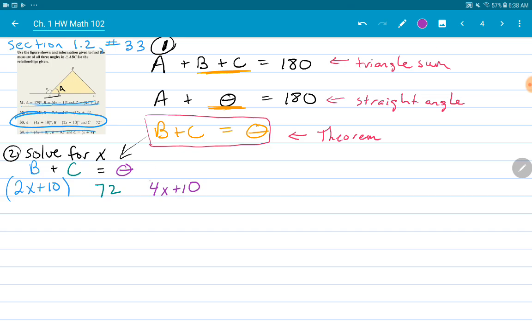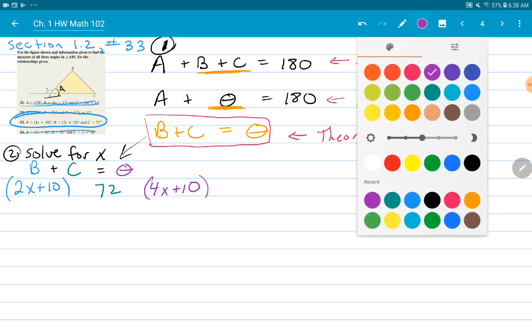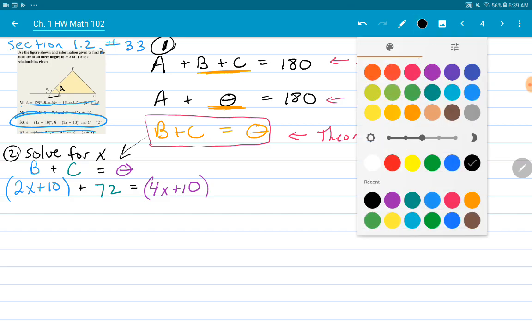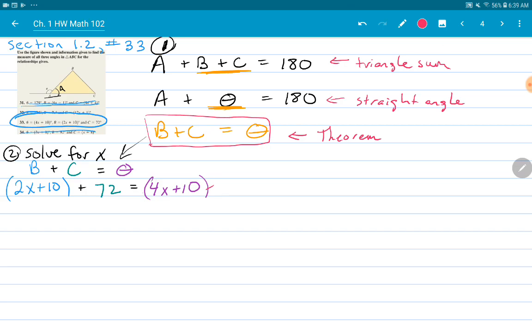I guess I'll keep my parentheses around that. So when I add B and C together, I get theta. Now look at these parentheses. On the right side, there's nothing else going on except what's inside the parentheses. So those parentheses really aren't necessary. So I'm going to go ahead and just drop those parentheses.